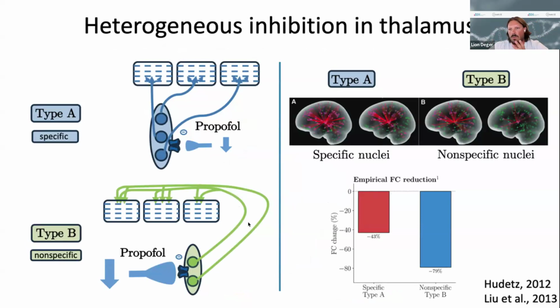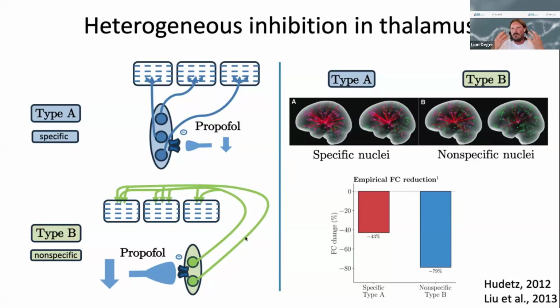One of the mechanistic hypotheses is that the specific, or type A, nuclei receive mainly excitatory input from, for example, the sensory organs, while the type B non-specific nuclei are also in circuits with cerebellar and subcortical basal ganglia circuits that also send inhibitory signaling to those nuclei.